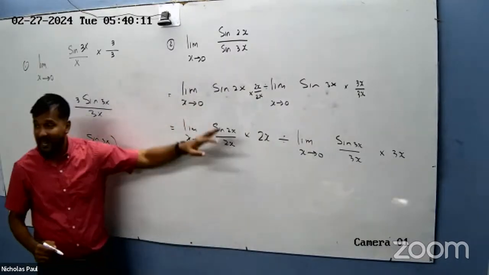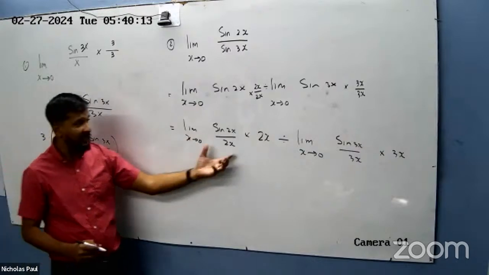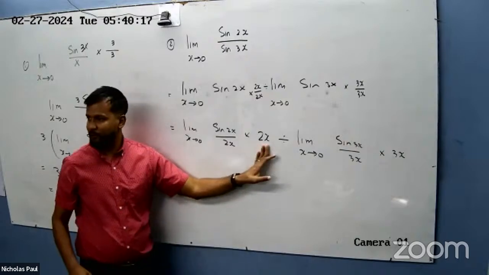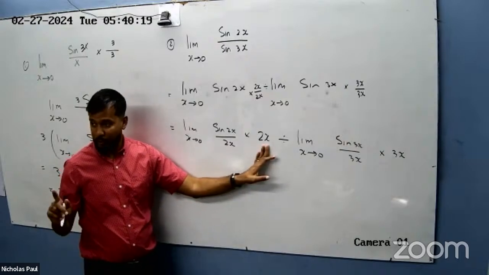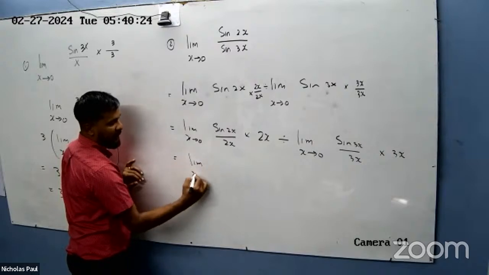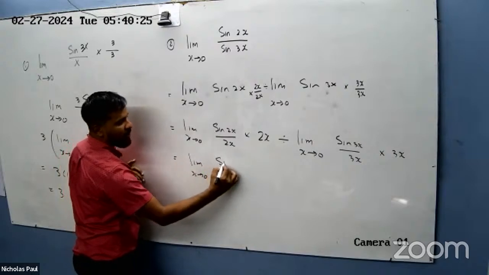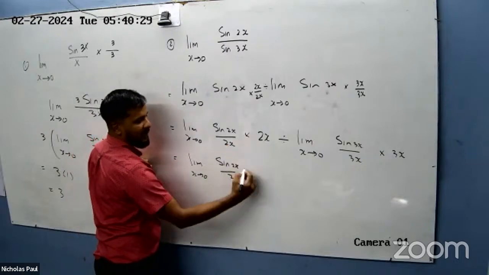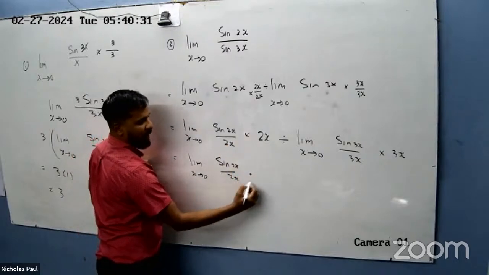Don't just cancel off things here. You cannot. Right? Don't just say that this is 1 and then left with 2x. Don't do that. That's wrong. What you're doing is this. The limit as x approaches 0 of sine 2x on 2x multiplied by, I'm putting a dot for now, right?